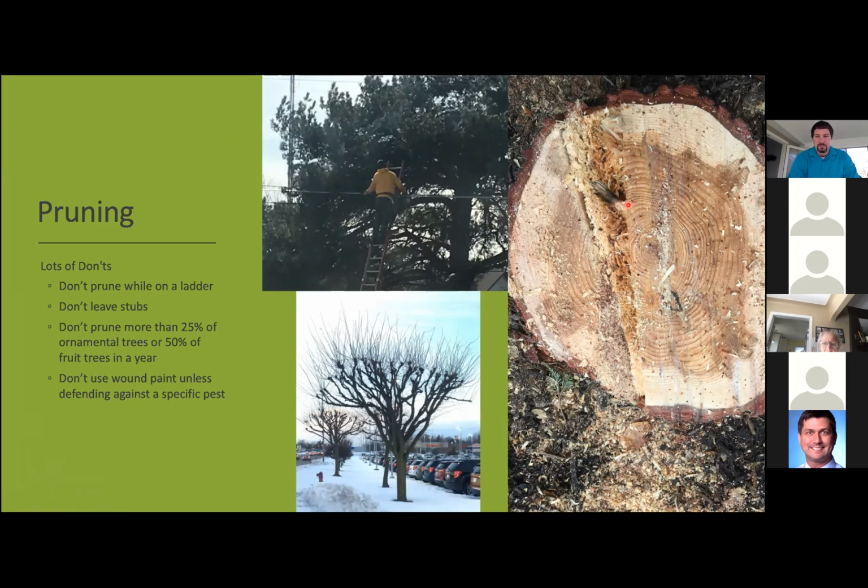Don't leave stubs. If you guys look over here, this is a tree stump. This is still in the ground, and you guys can see there's this little nub right here. So this tree was a hemlock, and I didn't realize that this stub was here. I just happened to get really lucky when I felled it.